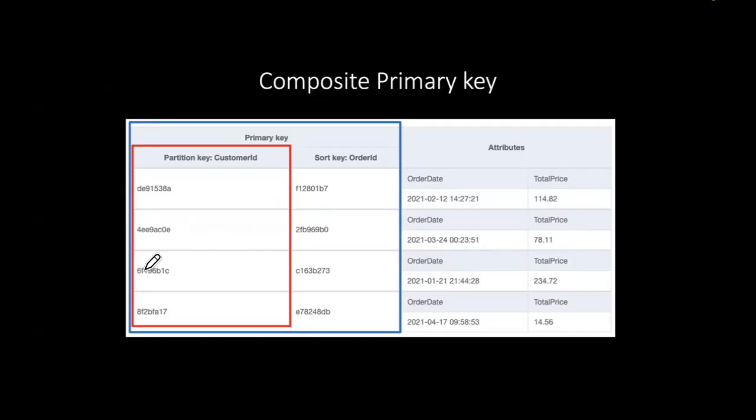And what you are guaranteed when you use this composite primary key is that all of the items that have the same customer number will be stored beside each other. If you ever need to retrieve all of the items with the same customer number, you will receive them in order number sequence. DynamoDB takes care of that automatically. But we have this notion of an item collection when we have a composite primary key table.